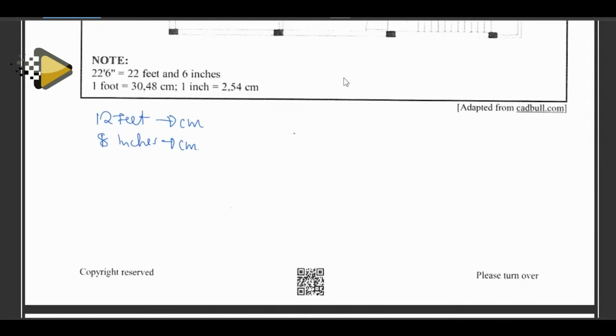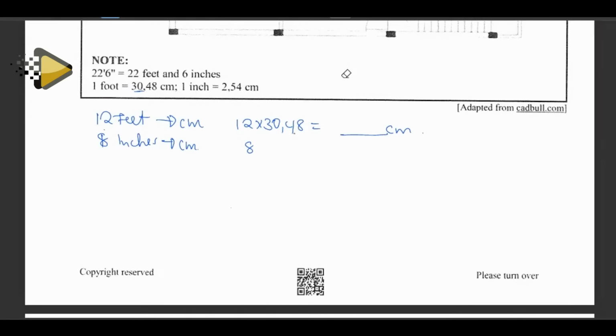Anyway, let's say 1 foot equals this much. We have 12 of them. So 12 times 30,48. The answer you get here will be centimeters. You have 8 inches, not 18. 8 inches times 2,54.